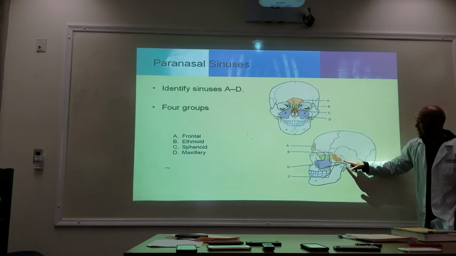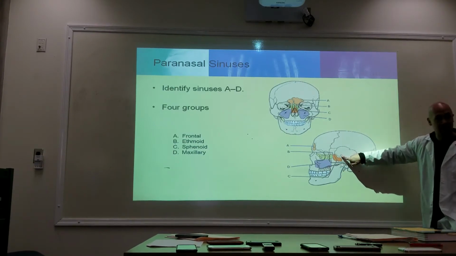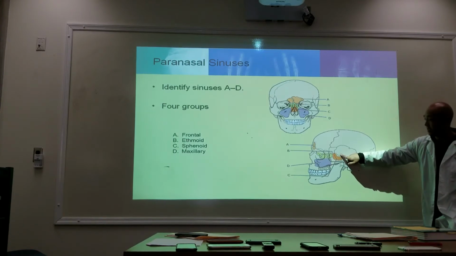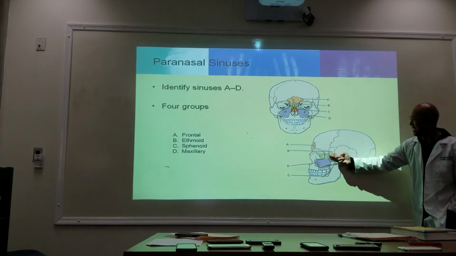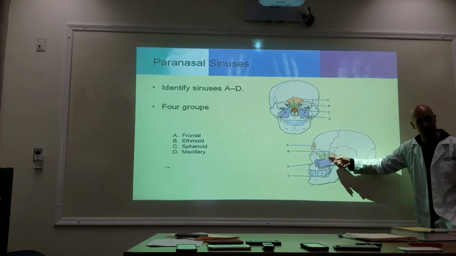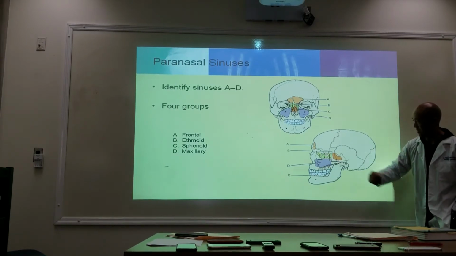The sphenoid sinus sits right underneath the saddle of the sella turcica. Just anterior to that is where you'll find the ethmoid sinuses, and below that you'll find the maxillaries.